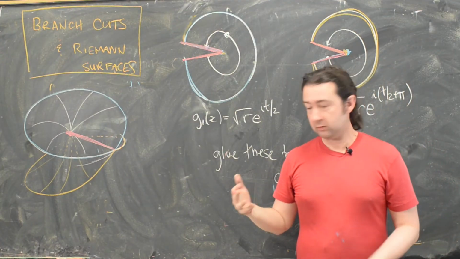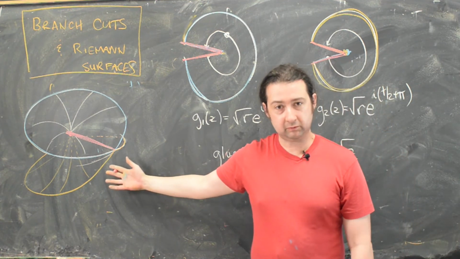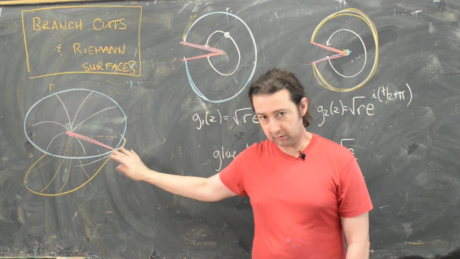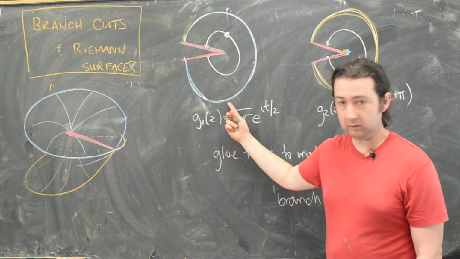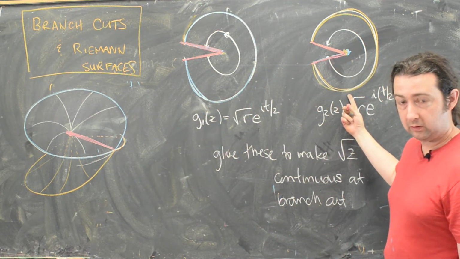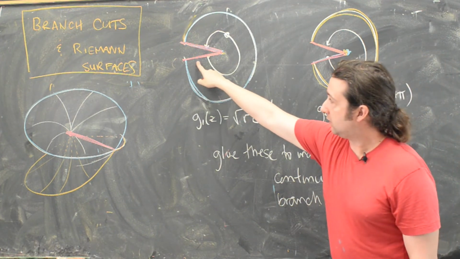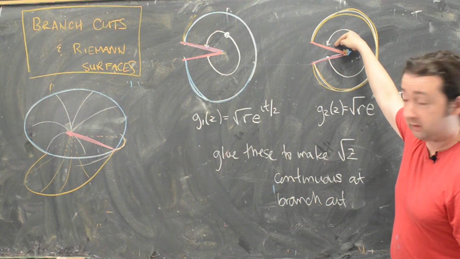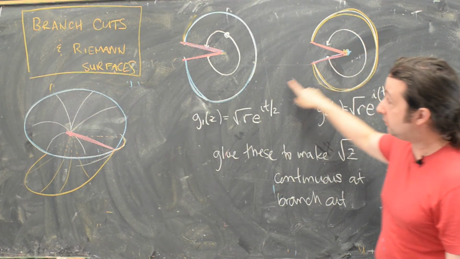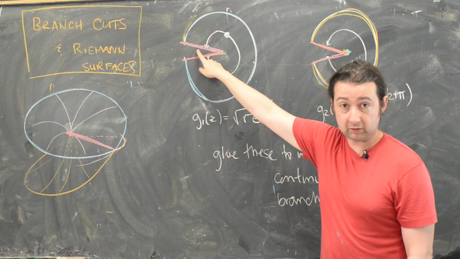All right, so this is a visualization of what a Riemann surface looks like. And what I want you to think here, what we've done is we've taken this domain of G1 and this domain of G2, and we're taking this edge of G1 and we've glued it to this edge of the domain of G2. And we've taken this edge of the domain of G2 and glued it to this edge of the domain G1.